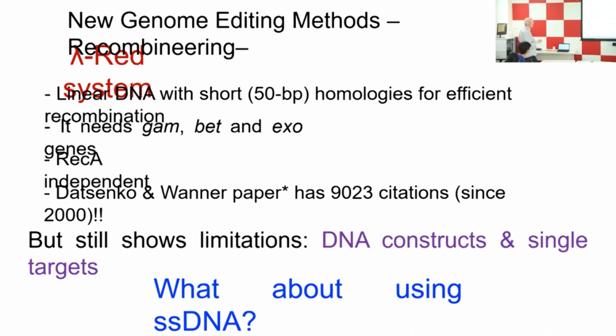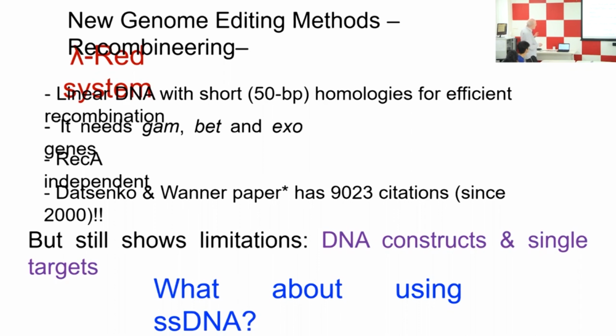Okay, so for this type of recombineering, you need various conditions, but in any case, this paper where the technology for recombineering with double-stranded DNA worked had many citations, and it works quite well.